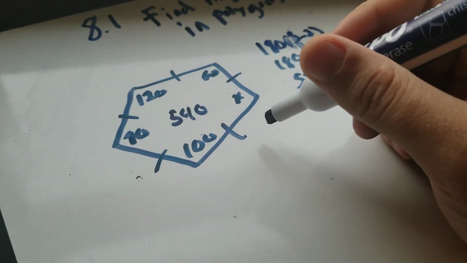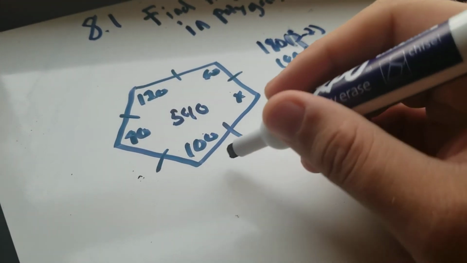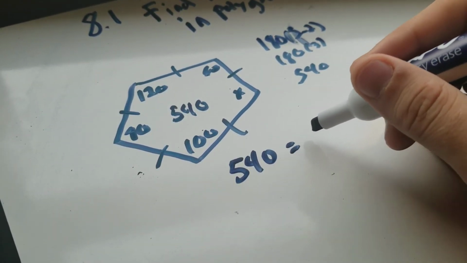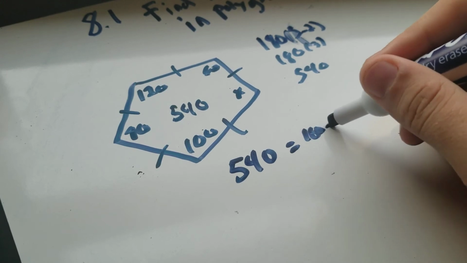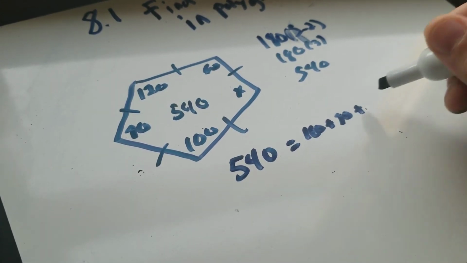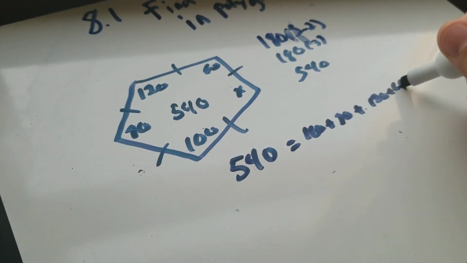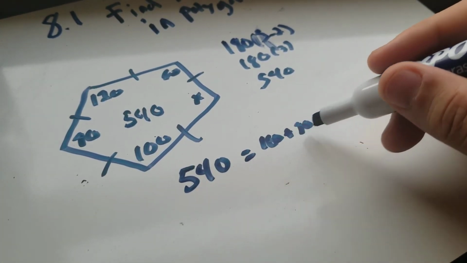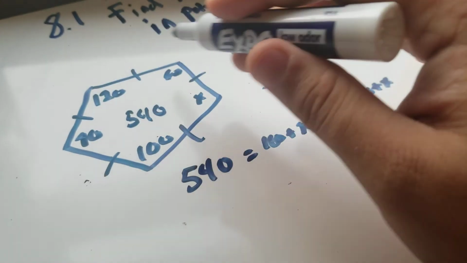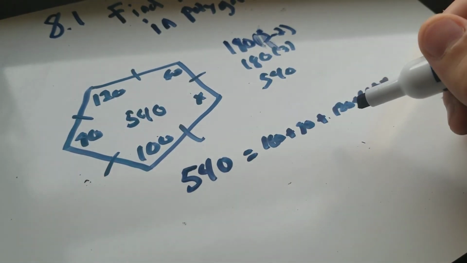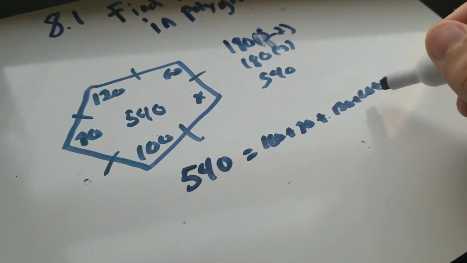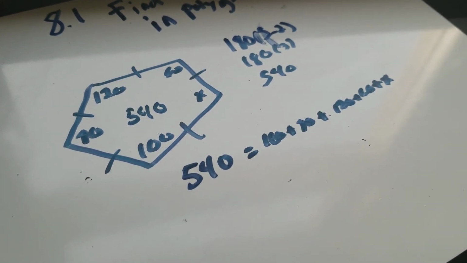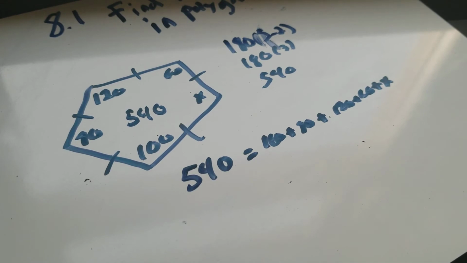So I assume some of you could do it. It's kind of like a triangle. Since it equals 540, you could add all the pieces together. So we'll start at 100 plus 90 plus 120 plus 60 plus x. I'm adding all of these angles together. So 100 plus 90 plus 120 plus 60 is 370.